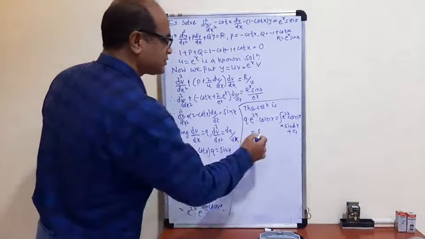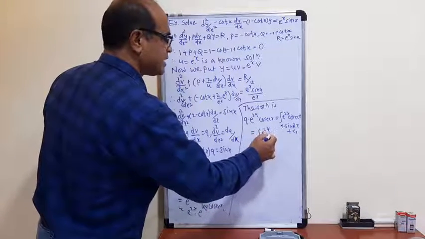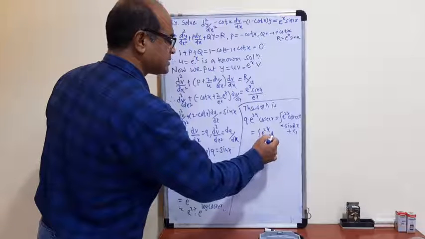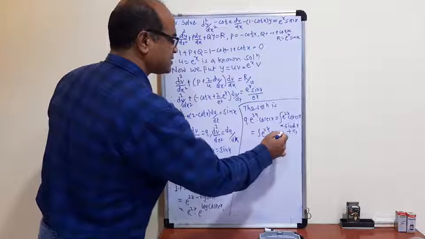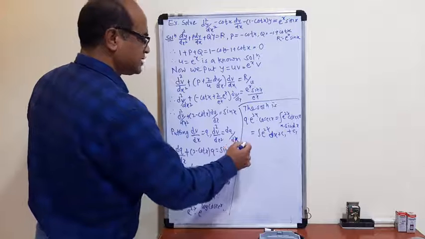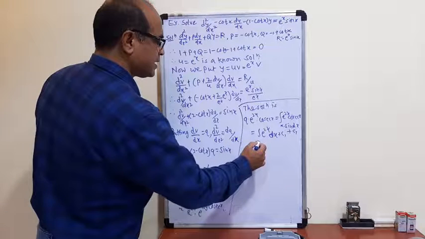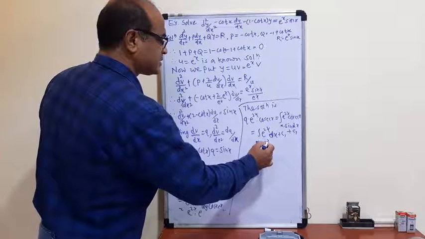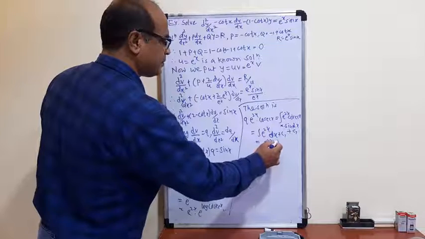So that is the integration of e raised to 2x dx plus c1. So that is e raised to 2x divided by 2 plus c1.